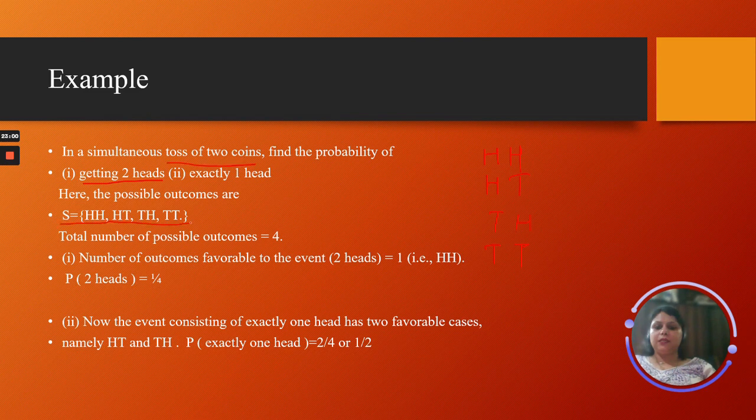This is the outcome and this is the outcome. So, two favorable outcomes, and the probability becomes 2 over 4, or 1 over 2. We can always simplify the answer. Whenever we are writing the answer as a fraction, we write it in the simplest form.